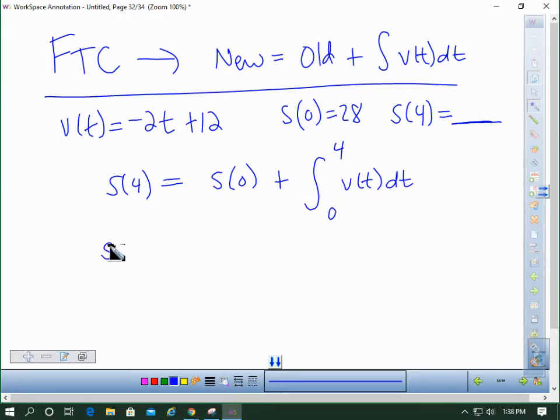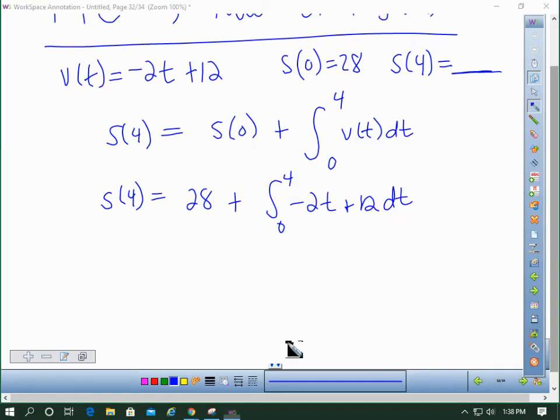So S of 4 is going to equal my starting amount, 28, plus the integral from 0 to 4 of my velocity, which is negative 2t plus 12. This is just applying the fundamental theorem of calculus and getting the answer.